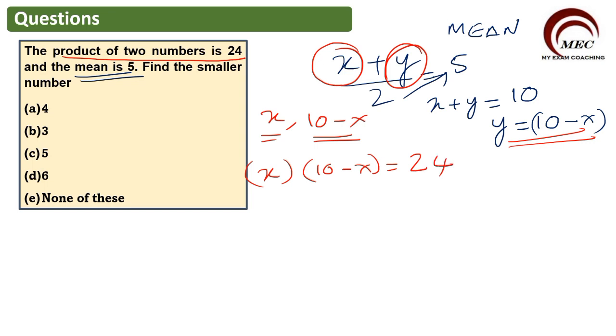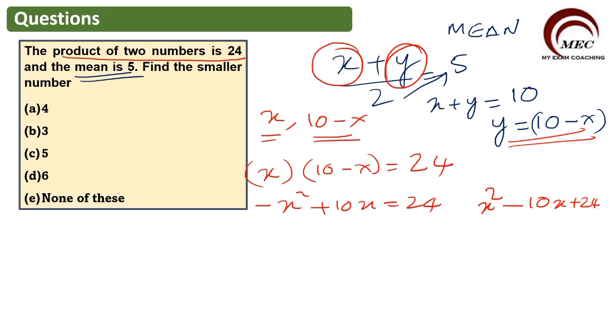So when you solve it, it becomes minus x square plus 10x equal to 24. When you transpose minus x square this side, it will become x square. When you transpose 10x to that side, it becomes minus 10x plus 24 equal to 0.